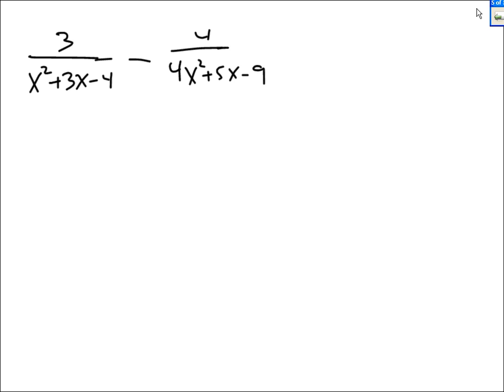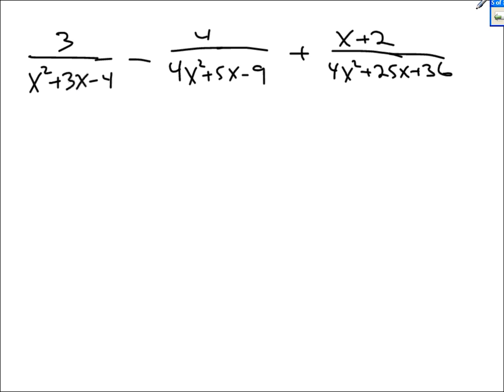Let's try this one. This will be our last one. 3 divided by x squared plus 3x minus 4, minus 4 over 4x squared plus 5x minus 9, x plus 2 over 4x squared plus 25x plus 36.